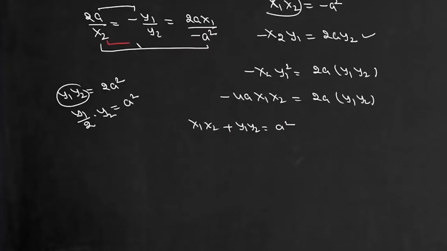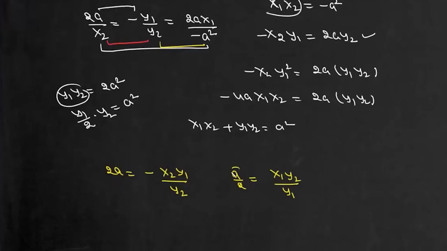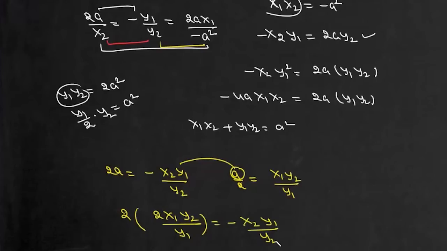Now for the C part, we'll take these two. So we'll have 2a equals minus x2 y1 upon y2, and if we take these two, then we'll have a by 2 equals x1 y2 upon y1. Now we'll put the value of a in this, then we can write 2 times x1 y2 upon y1 equal to minus x2 y1 upon y2.